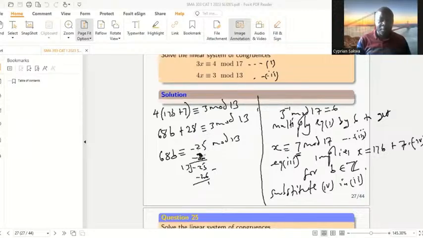So instead of writing negative 25, I will write 1. What about instead of writing 68? 13 into 68 goes 5 times, so 68 minus 5 times 13 is 3. So instead of writing this equation, I'll have 3b congruent to 1 mod 13.